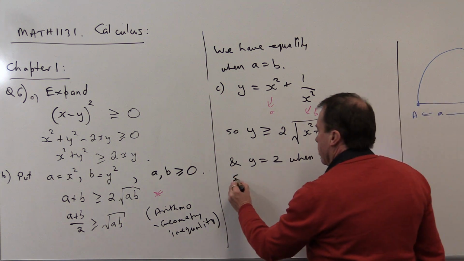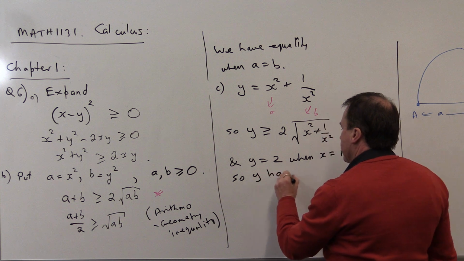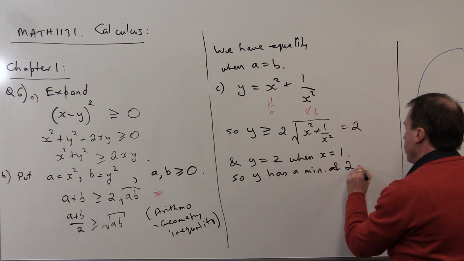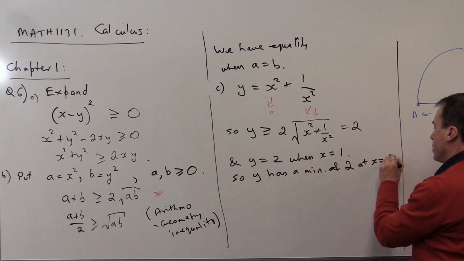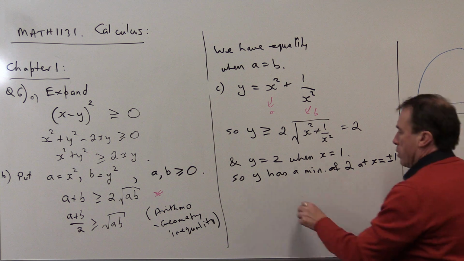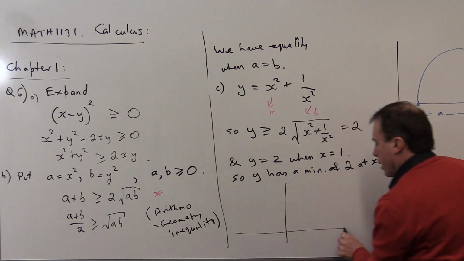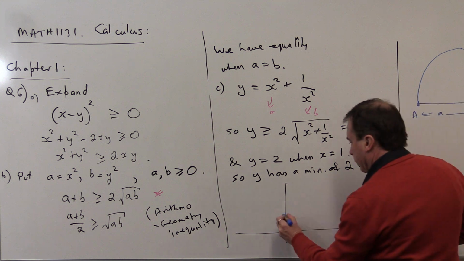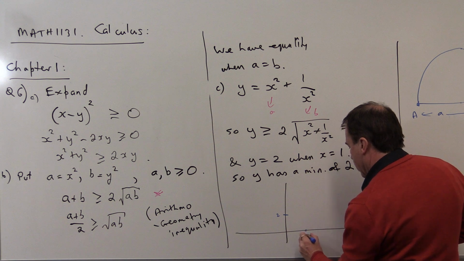So y has a minimum of 2 at x equals, in fact, plus or minus 1. And you might like to think of what the graph of this looks like, to draw the graph without using too much calculus. It's got a minimum of 2 at plus or minus 1.